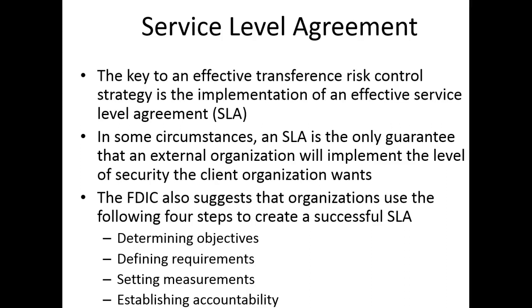The FDIC, which is the Federal Deposit Insurance Corporation, suggests that organizations use the following 4 steps to create a successful SLA. The first step is to determine the objectives.